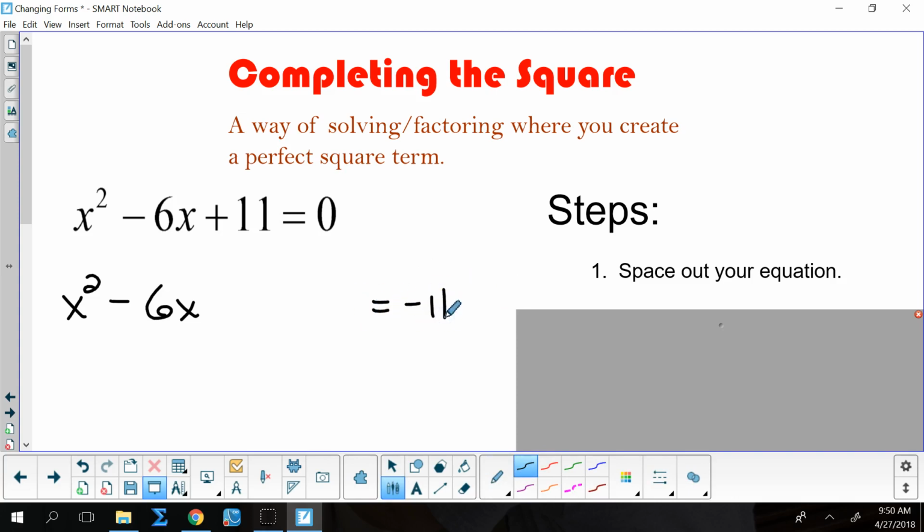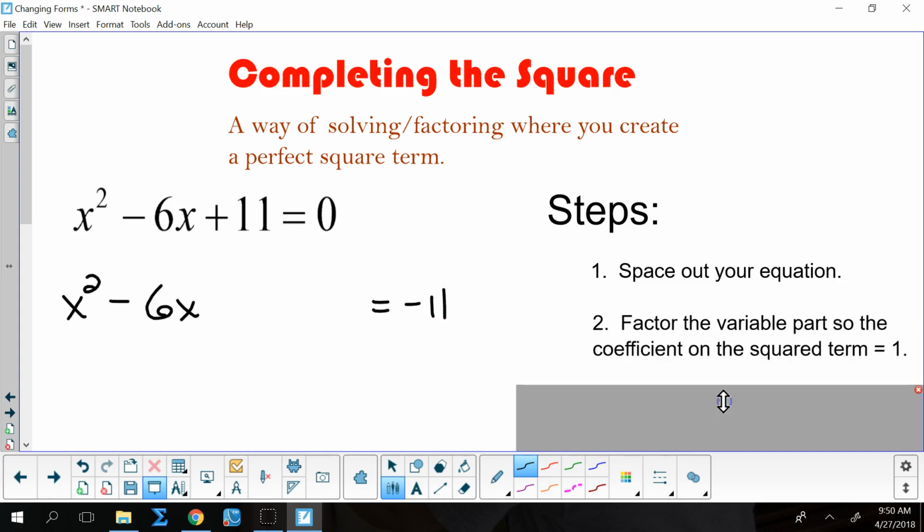Then, once you have that done, you're going to factor the variable part so that the coefficient on the squared term is positive 1. That's already done for us here. If it wasn't, we would put the entire left side in a set of parentheses, and we would factor whatever that coefficient is out.